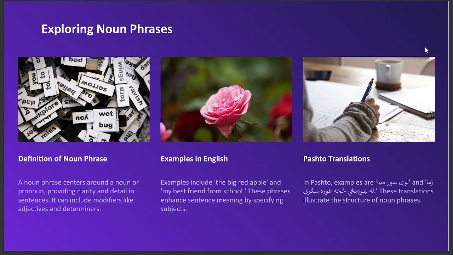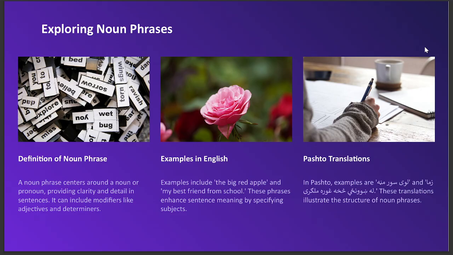We will discuss the first type, the noun phrase, and its examples in both Pashto and English. A noun phrase is a central phrase type. It revolves around a noun or a pronoun, providing clarity and detail in sentences.